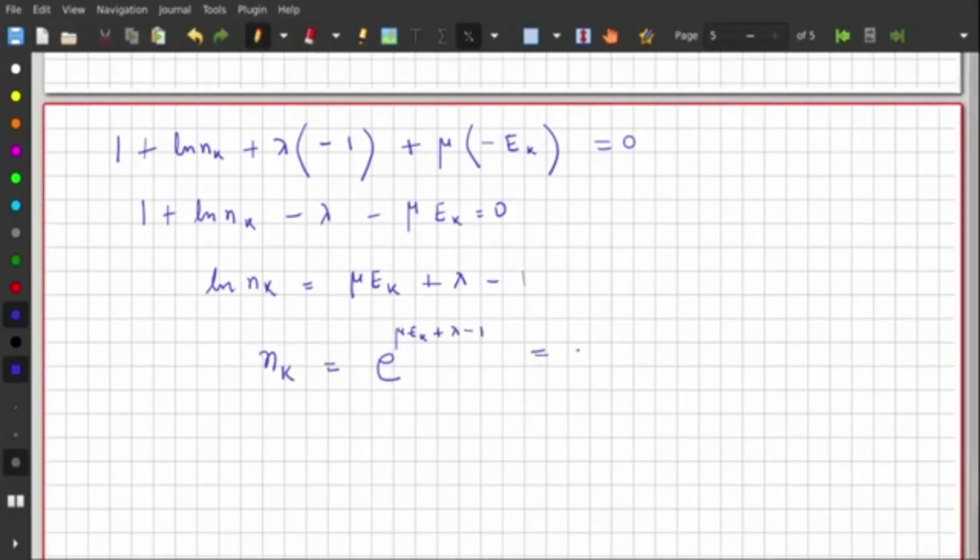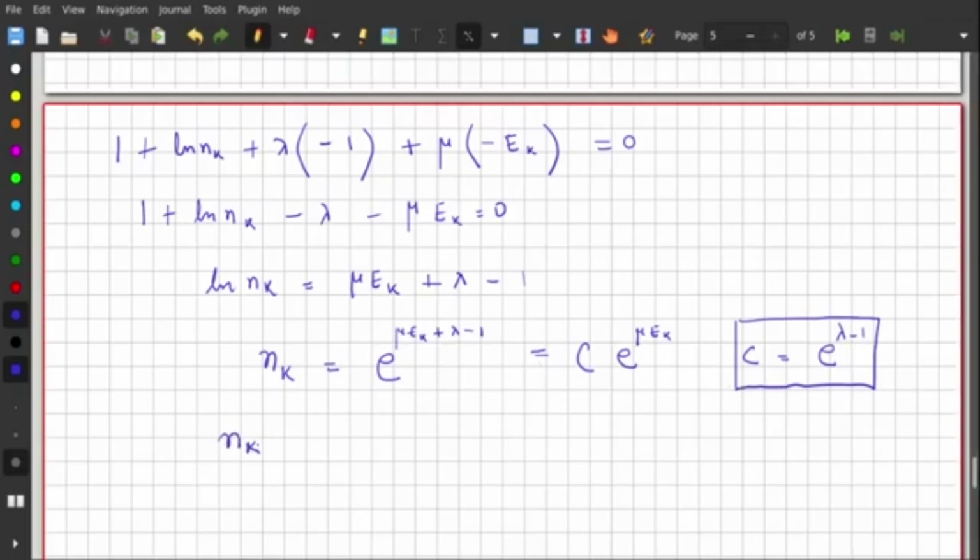This could be written as C e to the power mu e_k, where C is e to the power lambda minus 1. So we found n_k, the particle distribution. The number of particles found in the kth energy state will be given by C e to the power mu e_k. That was the thing that we were looking for.